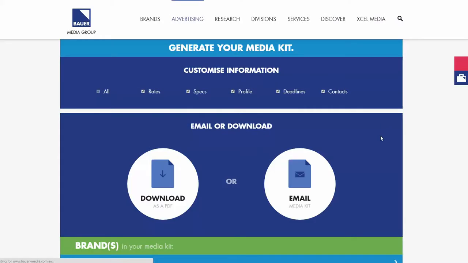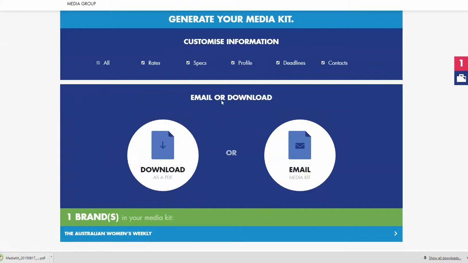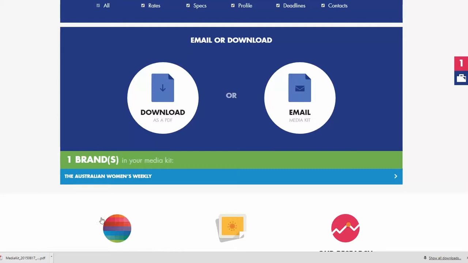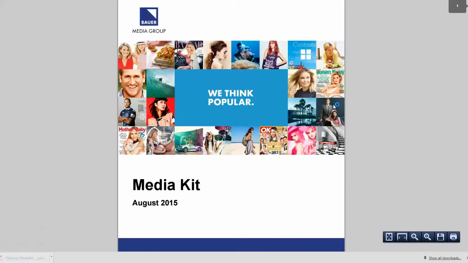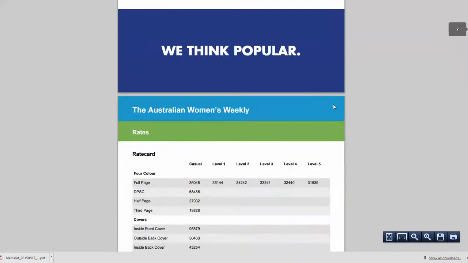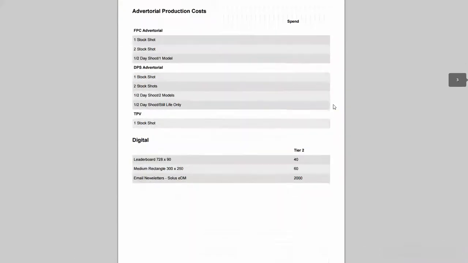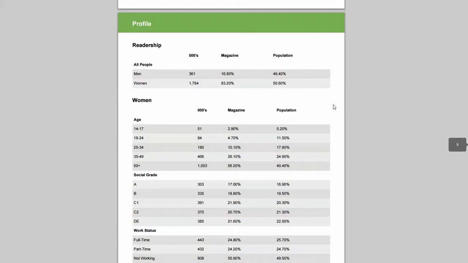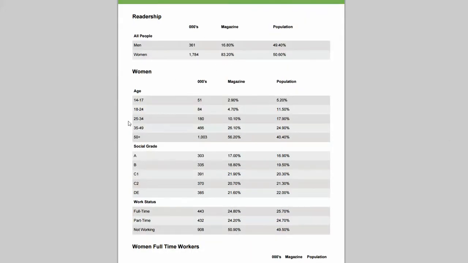So if you look at the Media Kit, and I'm just going to download it, it will give you a profile. This is the Media Kit August 2015. These are the rates, these are the costs, these are the specifications, but this is the page that you want, the profile. This tells the person who is going to put the advertisement in the magazine what is the target audience. And here you can see this is the target audience.